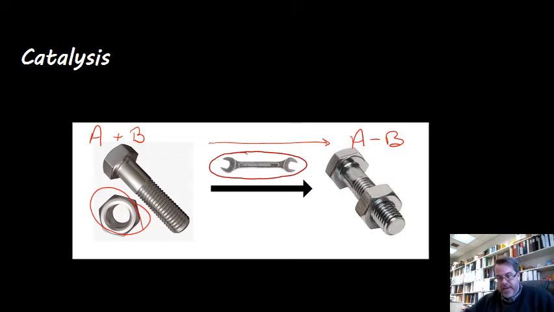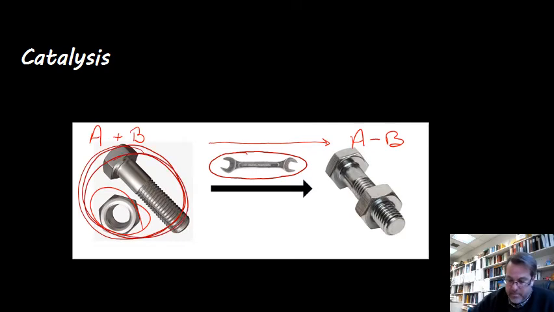And that's going to be the case anytime the amount of nuts and bolts is much larger than the number of wrenches, because in that case, all the nuts and bolts are just going to be sitting around waiting, right? So if you have a situation like that in a chemical reaction, this is analogous to some kind of a catalyzed reaction.